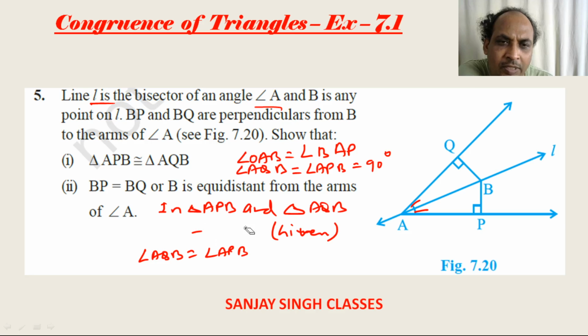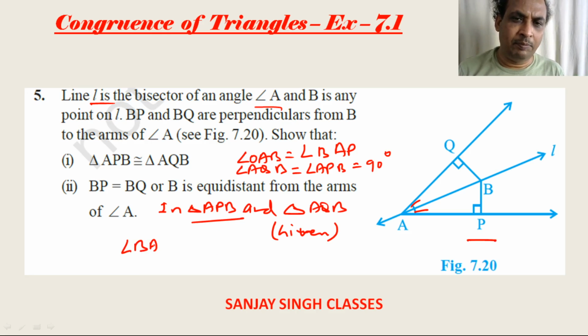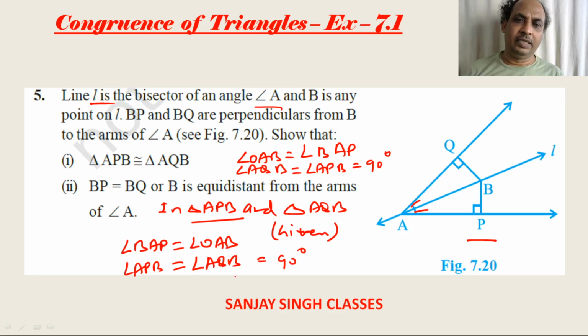If we are writing this congruent, first we need to write about APB. So in triangle APB, we can write angle BAP is equal to angle OAB. Then angle APB is equal to angle AQB is equal to 90 degrees. Right. Then we will be writing AB is equal to AB, which is the common side.